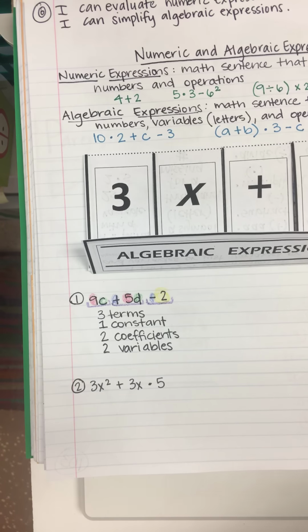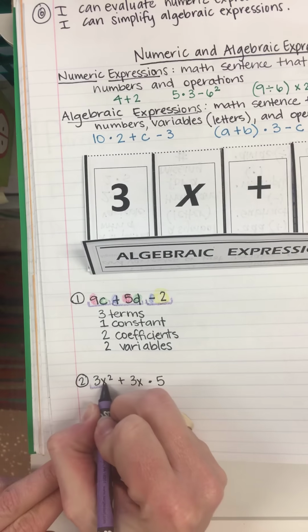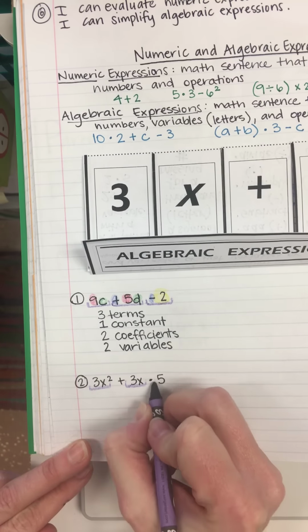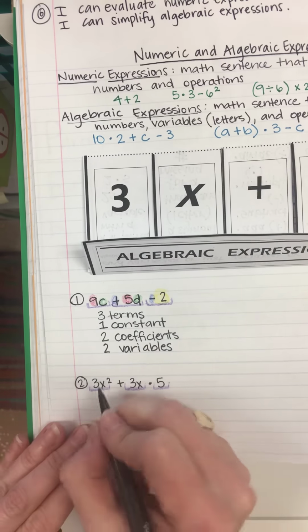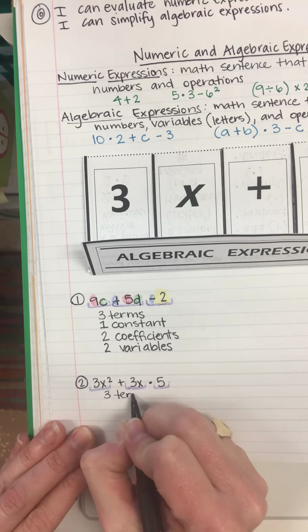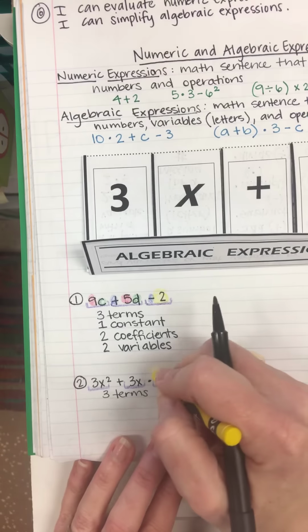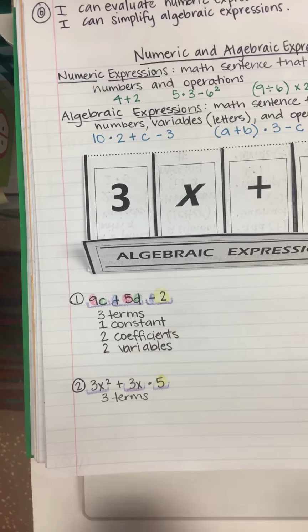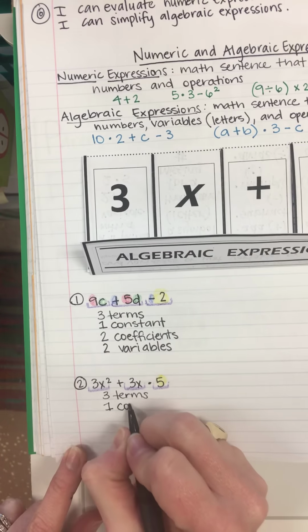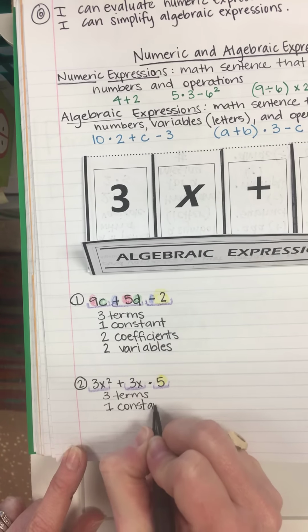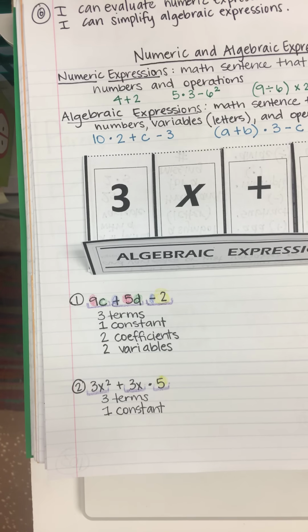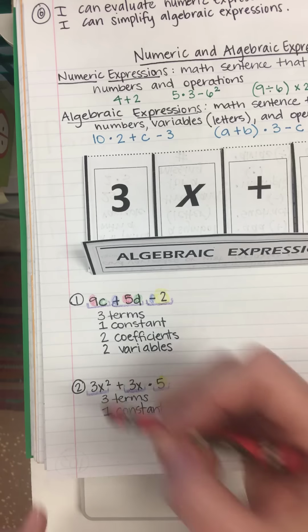So just like we did before, we're going to talk about what do we see. In this one, I see 1, 2, 3 terms. So we're going to write that in there, 3 terms. In this one, we also just have 1 constant. I also see that we have a couple of coefficients this time.